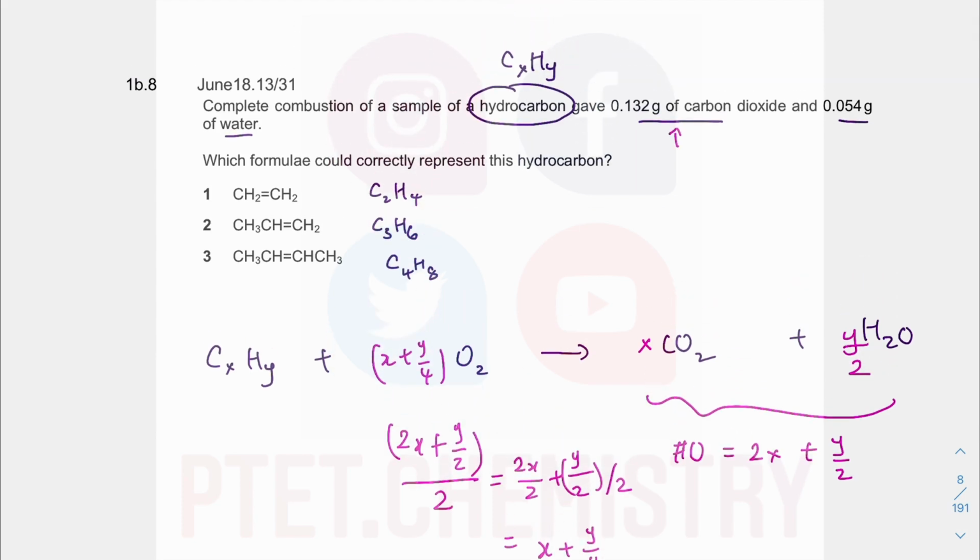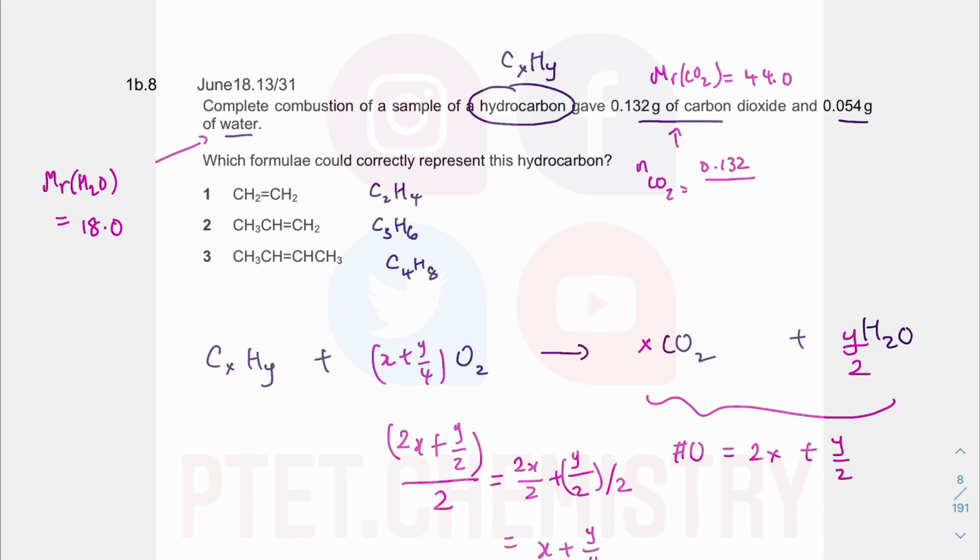Given the mass of CO2, the mole of CO2 is mass over the Mr. The Mr of CO2 from your periodic table is 12.0 plus 16.0 times 2, which is 44.0. And then your Mr of H2O is going to be 2 times 1.0 plus 16.0 times 1, which is 18.0.